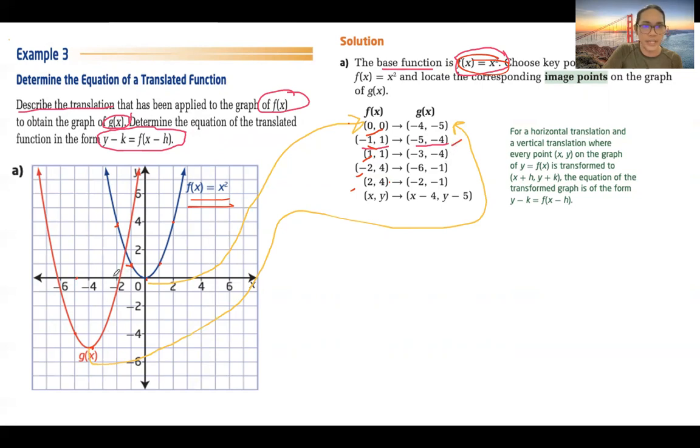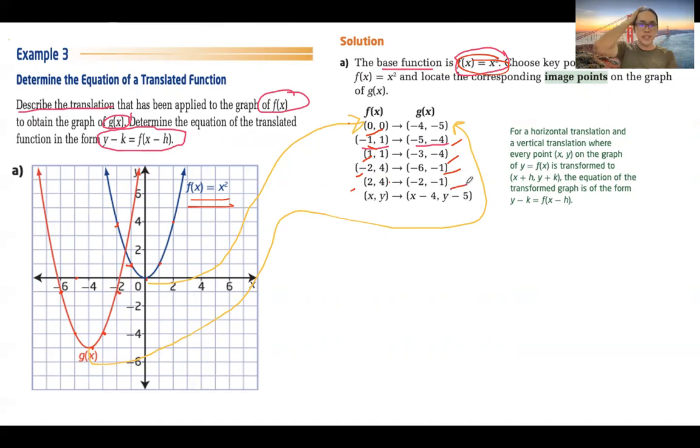So negative 3 and negative 4, check, it's here. Okay, check. Negative 6 and negative 1. Here it is. Okay, so negative 2 and negative 1. So I have it. It's here.